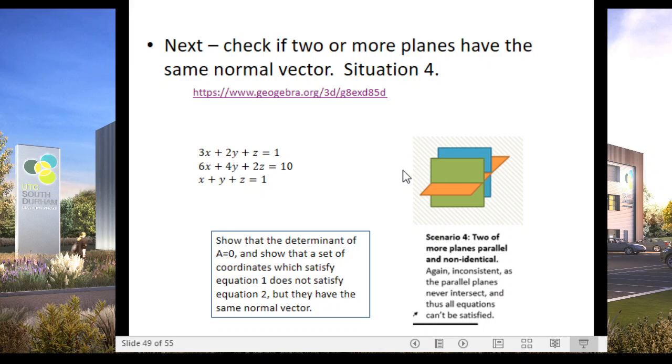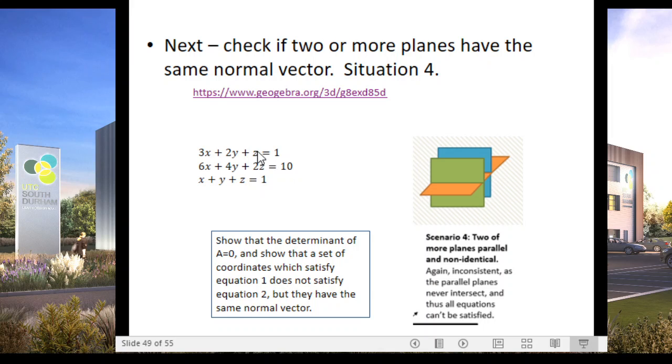So to check if we're in this situation, we've got to first of all show the determinant of A equals 0, and show that a set of coordinates which satisfy equation 1 does not satisfy equation 2, but they have the same normal vector. So what I'd like you to do is find any set of coordinates that satisfies equation 1 and plug those coordinates into equation 2, and you will find that they do not satisfy that equation.